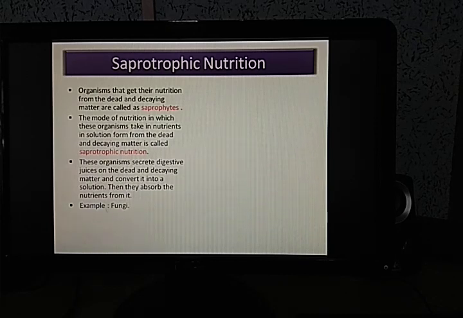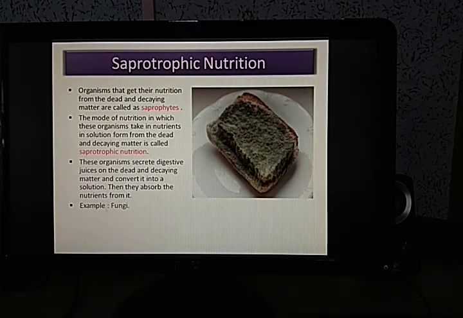It also follows the same saprotrophic mode of nutrition. You can see fungus on bread. If you keep the bread moist for some days in hot and humid weather conditions, then you will see this. You can try this at home. Most of you even know this. This is fungus on bread.